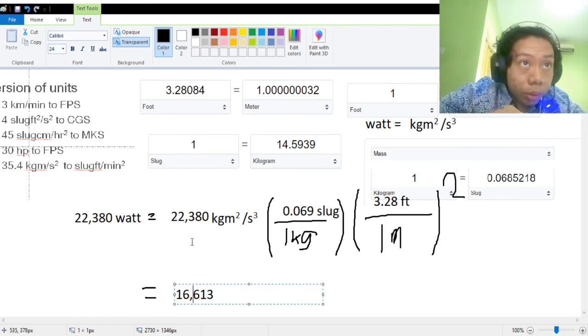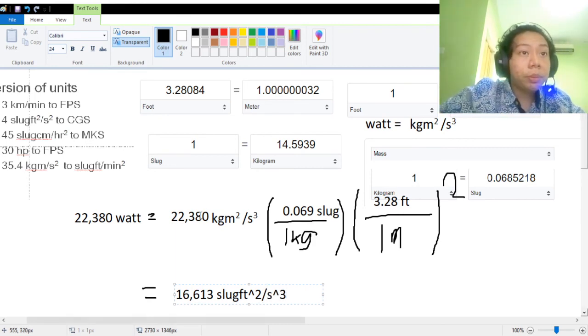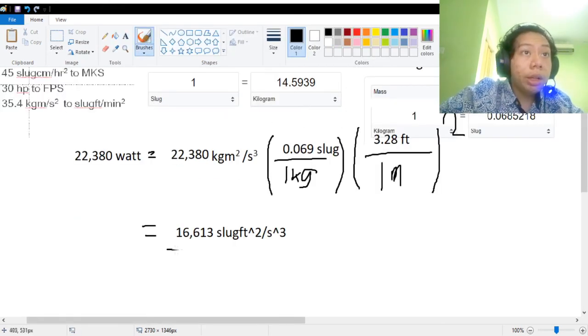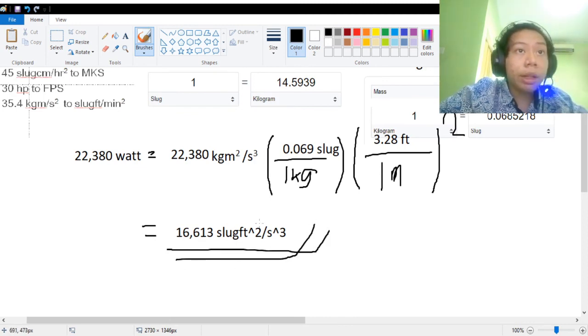We convert into five significant figures. So 16,613 slug feet squared per second cubed. So here it is, this is the answer.